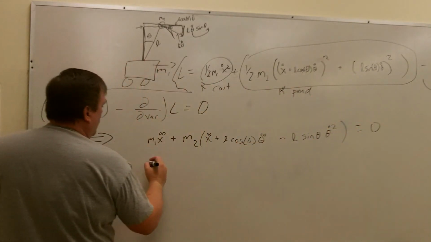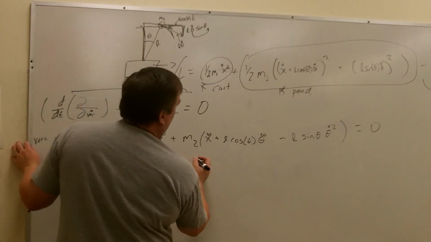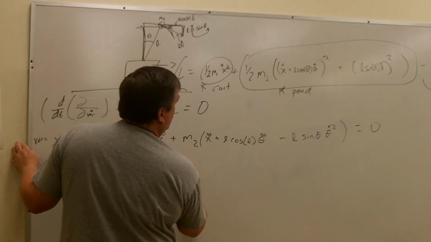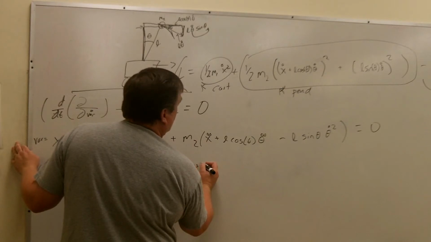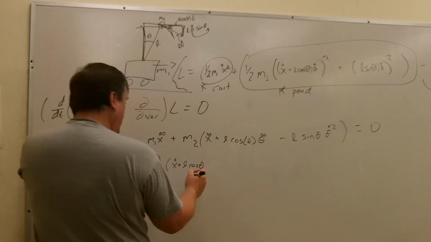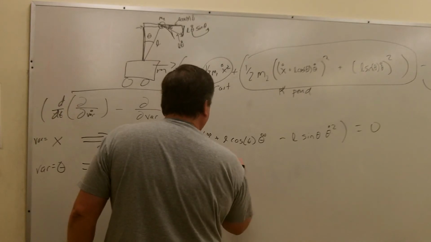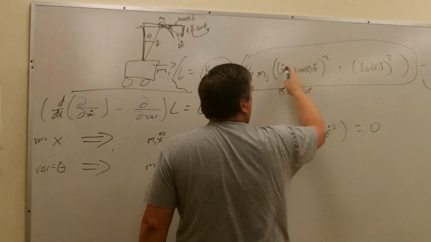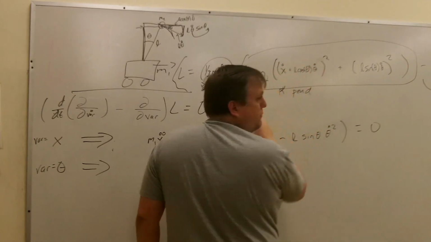So I'm going to get m2 times my function, which is x dot plus L cosine theta, times theta dot. That's the derivative of this whole thing, and then it's times the derivative of the inner function.